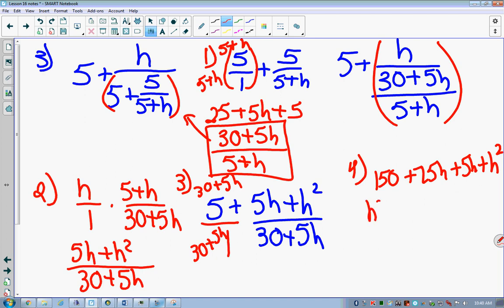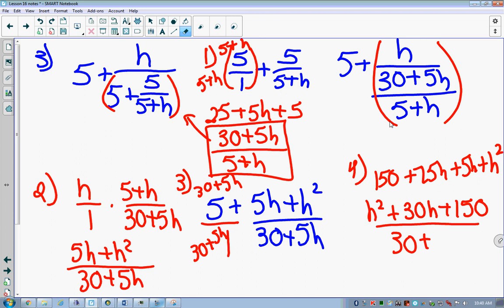Okay, so I've got h squared plus 30h plus 150, right? All over 5h plus 30. Let me look at the answer sheet here. h squared plus 30h plus 150 over 5h plus 30. That is it.